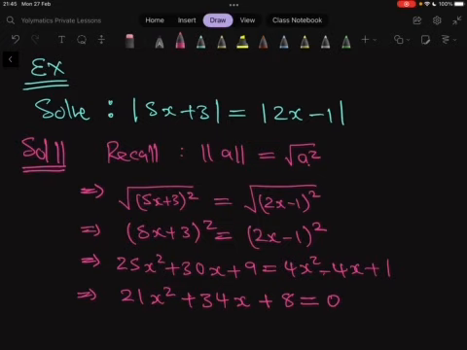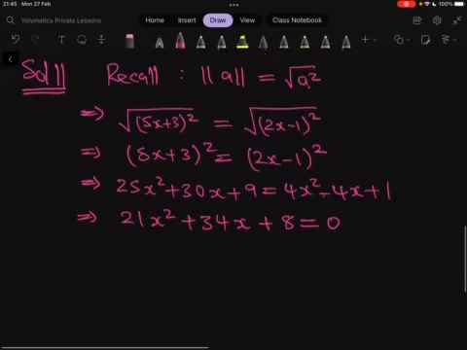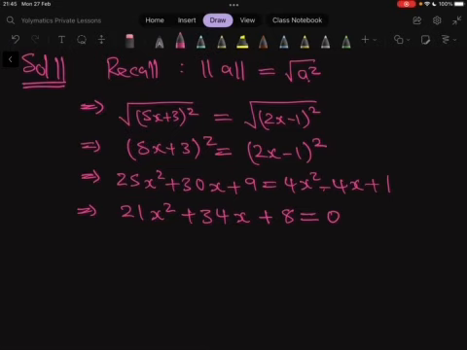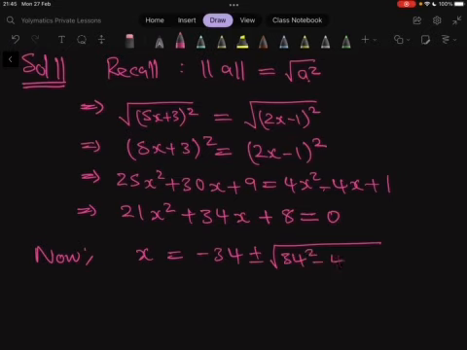What we're going to do now is employ the formula, for much ease. We know that x is equal to minus 34 plus or minus the root of 34 squared minus 4 times 21 times 8, and then all this over 2 times 21. This is what we obtain.